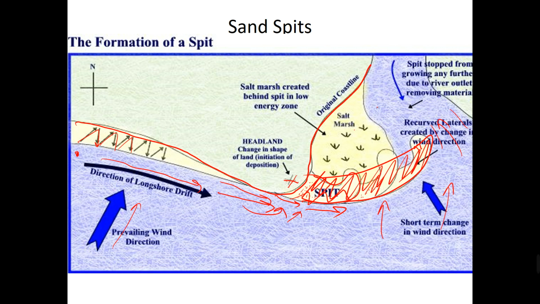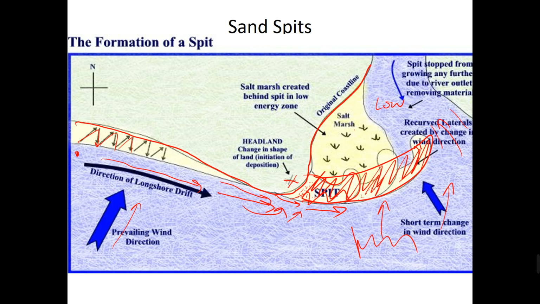So you have much lower energy waves in here than you do out here, because only a small bit of the sea is able to get in. So in the area between the sand spit and the coast, access is being cut off to the sea. So you've got very low energy waves, so mostly deposition. And what happens here is that material will build up to form something called a salt marsh.